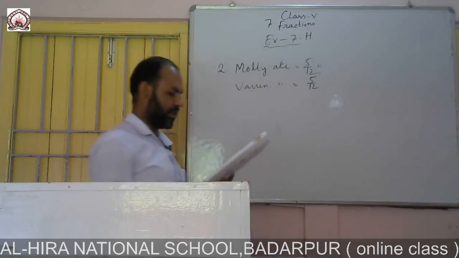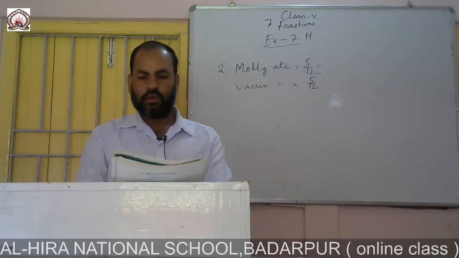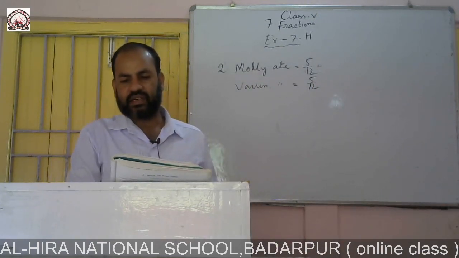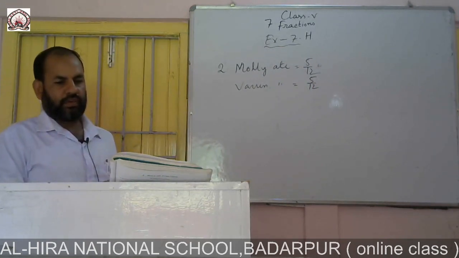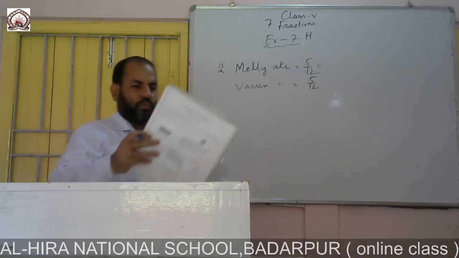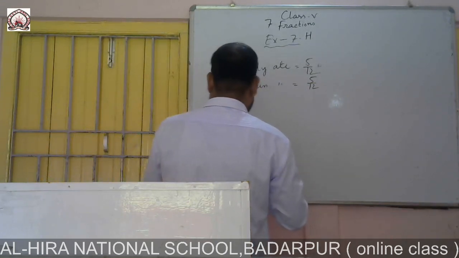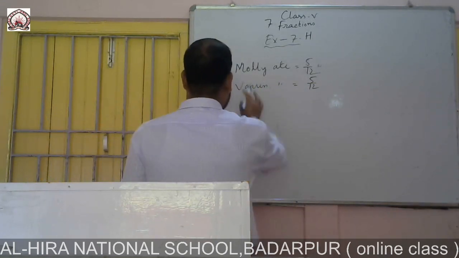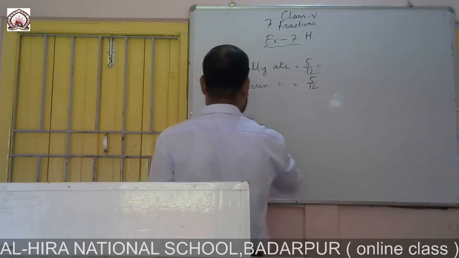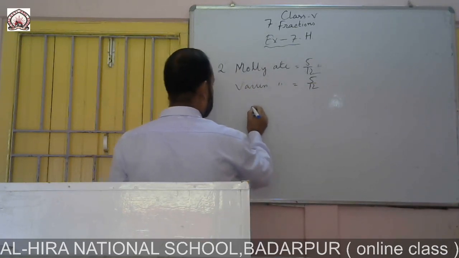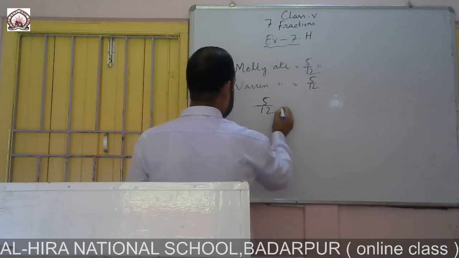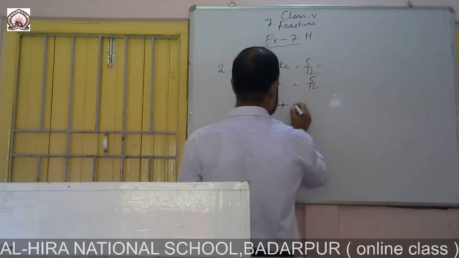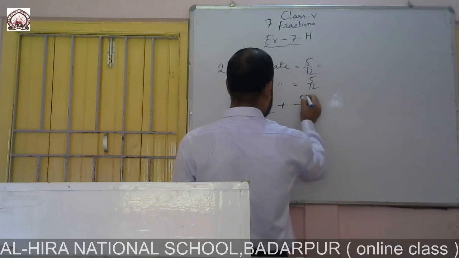So first we take out the total portion of cake that both Molly and Barun ate. So we do plus, 5/12 plus 5/12.